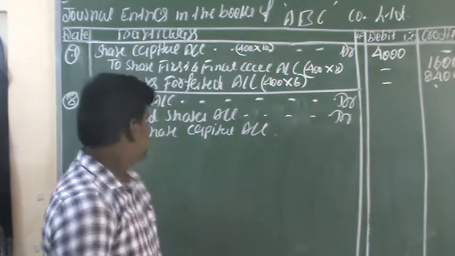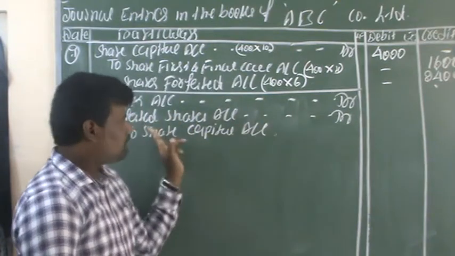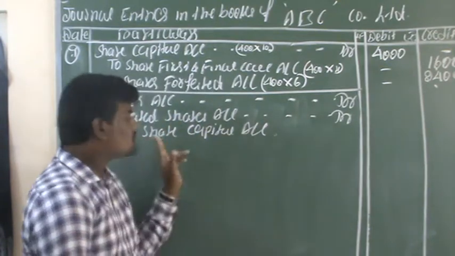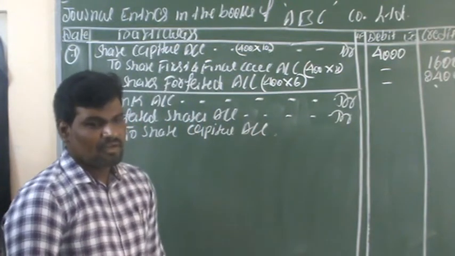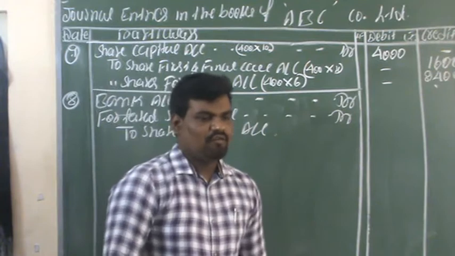The next entry, bank account debit, forfeited shares account debit to share capital account. Now we need to calculate the values.